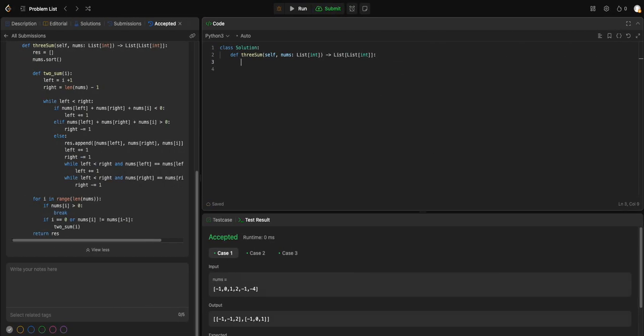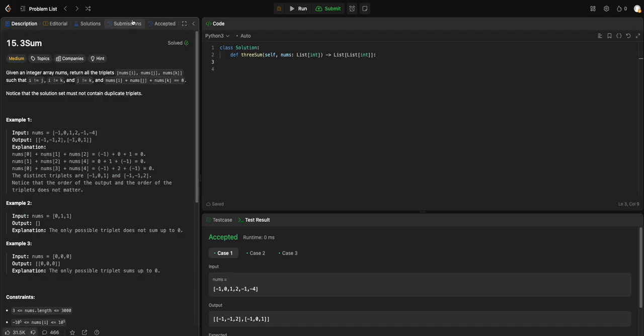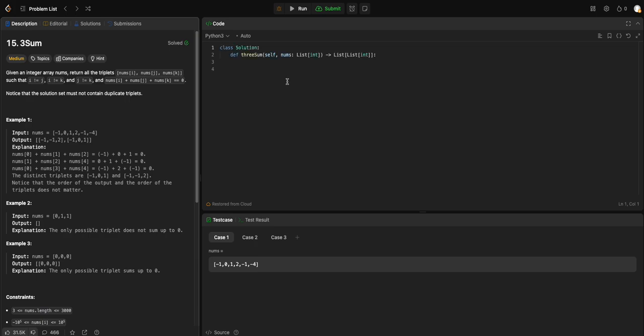First of all, we sort the numbers. Now we have a sorted array of numbers.